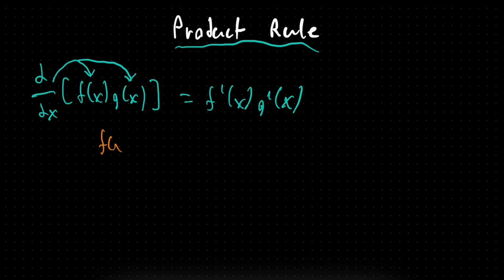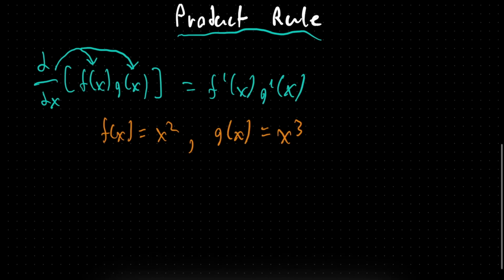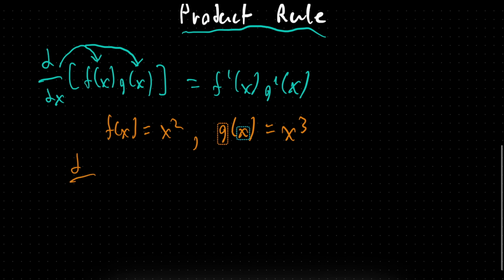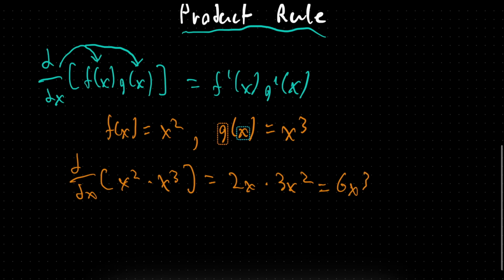So f of x is equal to maybe x squared, g of x is equal to x cubed. So the derivative of x squared times x cubed would be equal to 2x times 3x squared, which is equal to 6x cubed.